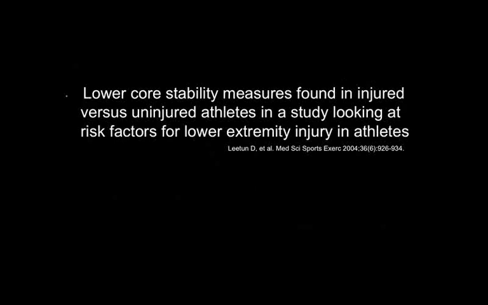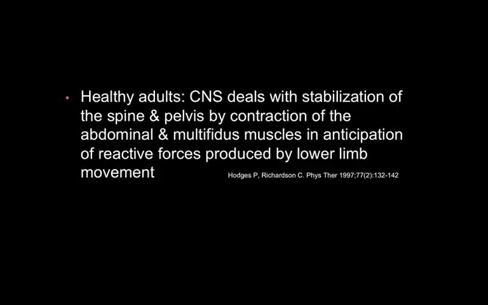Luton showed that lower core stability measures were found in injured versus non-injured athletes in a study looking at risk factors for lower extremity injury in athletes. Almost everybody in the audience is familiar with this particular group of studies: healthy athletes have a central nervous system that deals with stabilization of the spine and pelvis by contraction of the abdominal and multifidus muscles in anticipation of forces produced by lower limb movement.